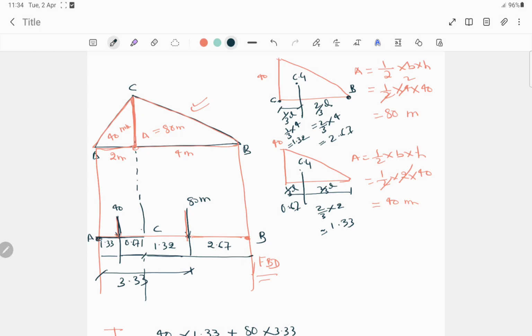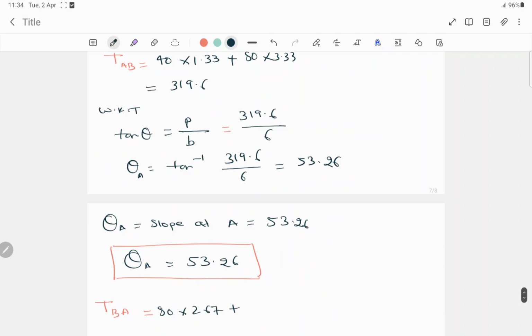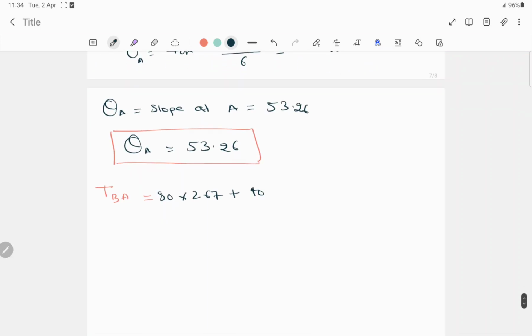This distance, from here to here, is 4.67, so 40 into 4.67.